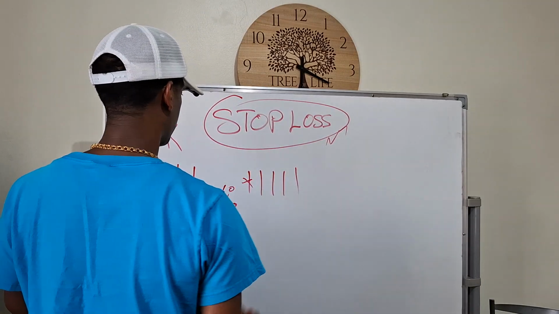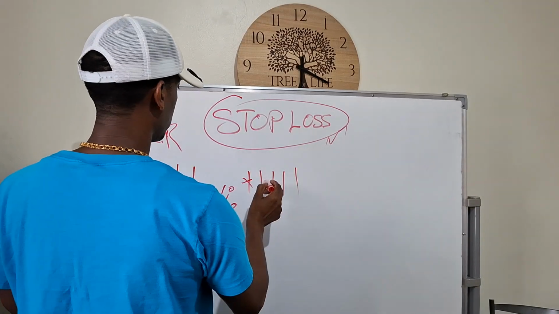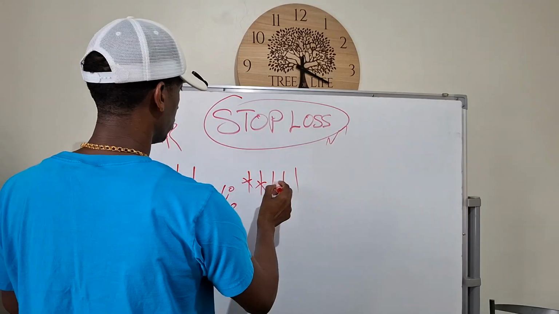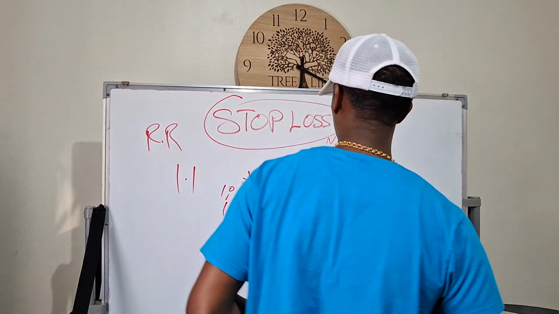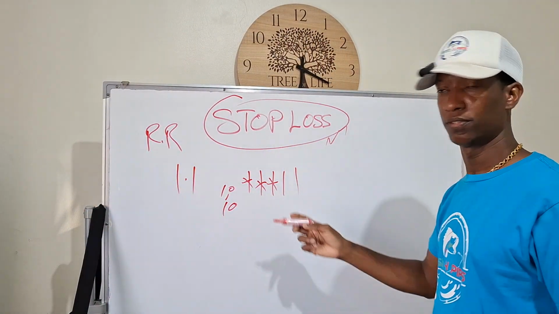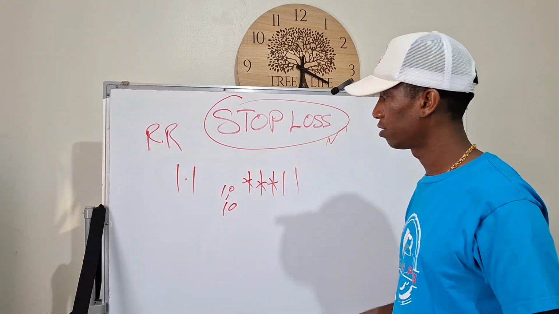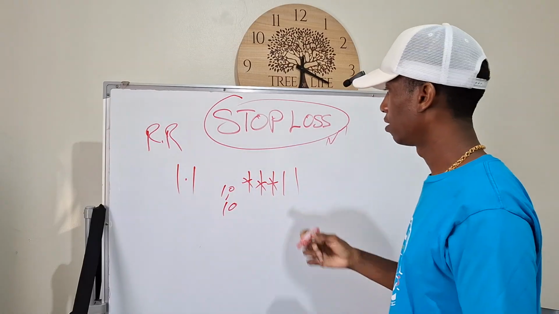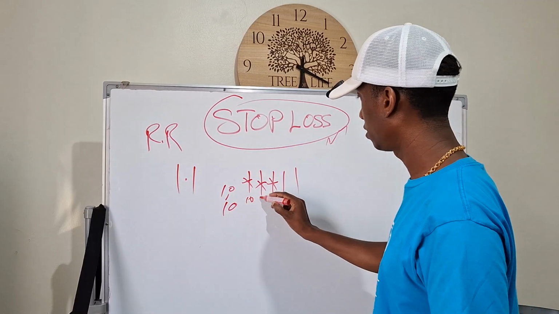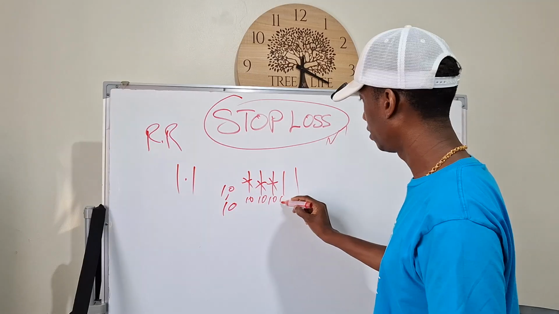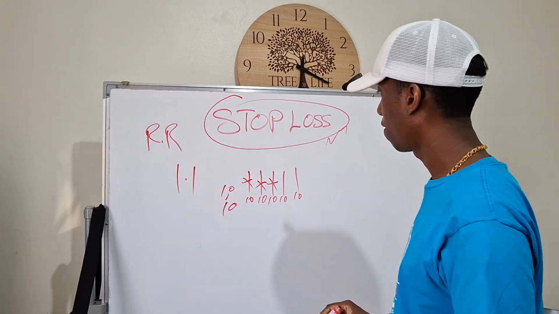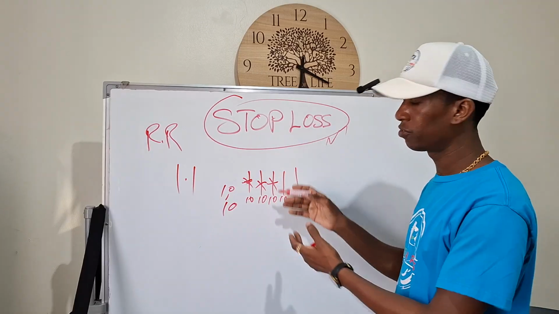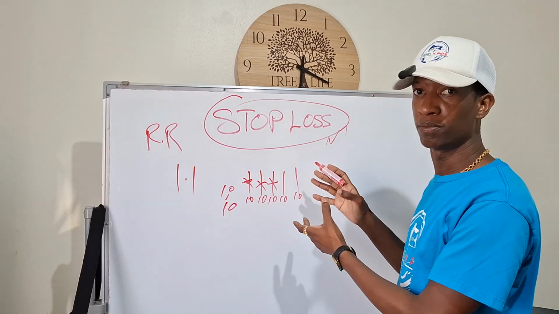If you lose this trade, you lose this trade, you lose this trade, which one of them is picking up for the loss and still has the potential to put you in net profit? None. So if you expose $10 here, 10 here, 10 here, 10 here, 10 here, when you lose this one, that's why people try to win more trades than they lose to make money.